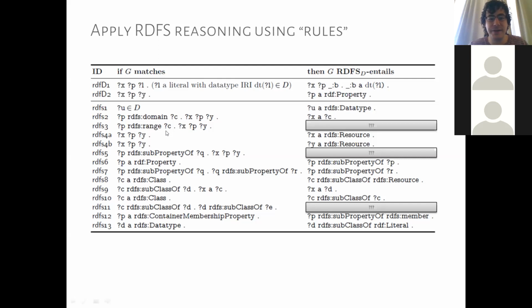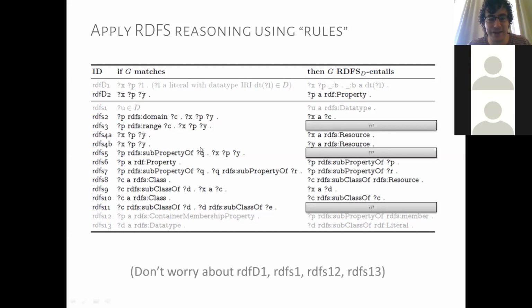that define the meanings of these standard terms. So to take an example, if we have x p y, the first thing I would like to say is you can largely ignore these rules here, which are mainly syntactic. This defines, for example, that if we have something that has the data type integer, then that literal is an instance of that data type. So 2 is of type integer, for example, but we can't have literals in the subject position, so we have to create a blank node to represent that literal, which is a little bit messy, and it's not so important.